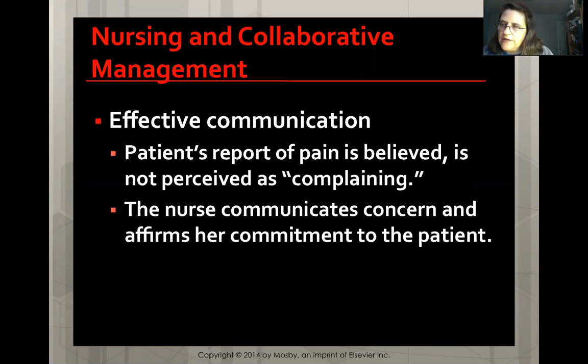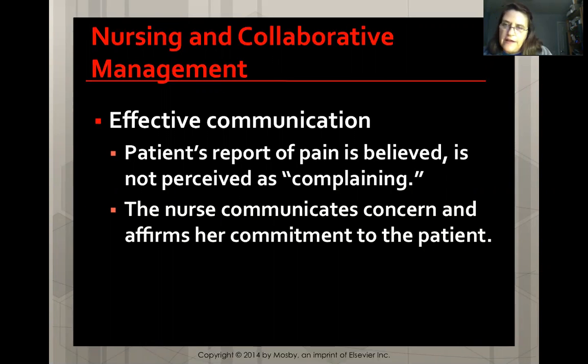The nurse communicates concern and affirms commitment to the patient, together with the patient developing a written agreement or treatment plan that describes the pain management. The plan should ensure that the pain will be treated based on the patient's perception and report of pain. In addition, the plan should clearly outline the gradual tapering of the analgesic dose with eventual substitution of parenteral analgesics with long-acting oral preparations and possibly cessation of opioids.